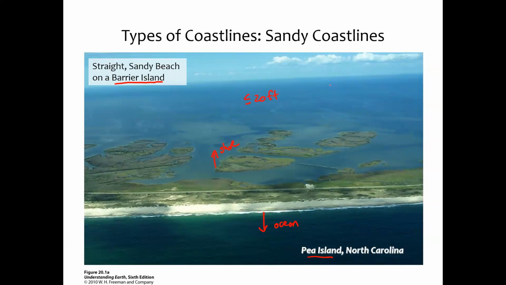And you can just barely make out the coastline off there in the distance, or at least where sea level finally meets the land that far away. This whole feature here is a barrier island. And you often find them on sandy coastlines or passive coastlines. Those two tend to overlap a lot.